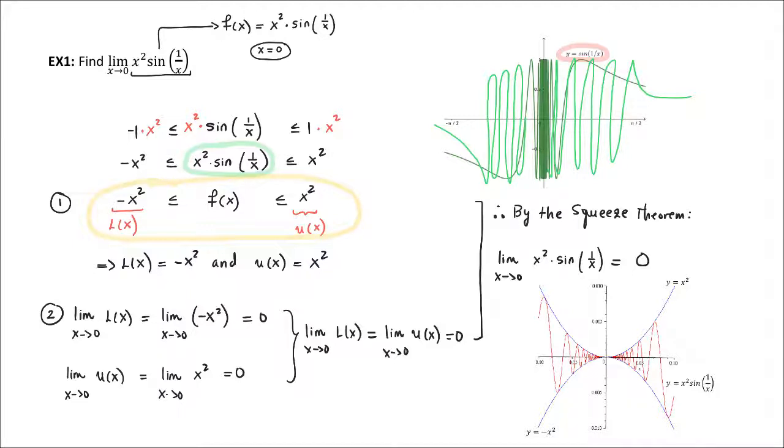And that pressure, that squeezing effect, is causing f of x to have the same limit as the parabolas that open up and down. So this is exactly what is happening. The actual graph of f of x doesn't really include the parabolas. You could actually remove the parabolas, but by drawing the parabolas, somehow you really see the entire theorem in action.